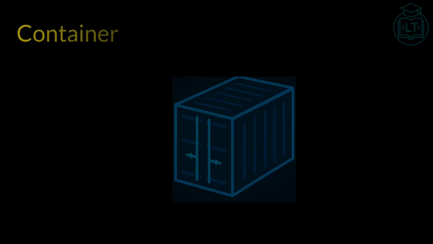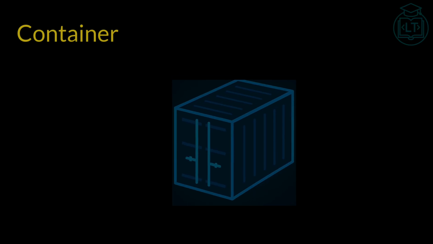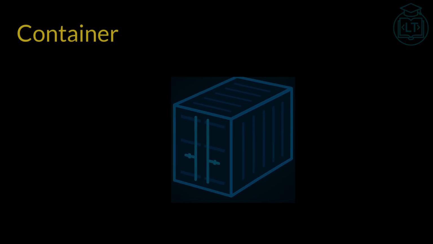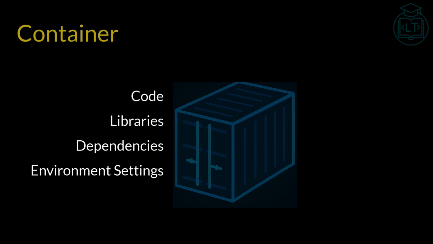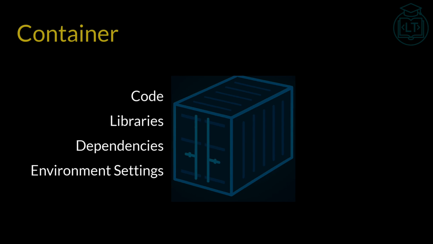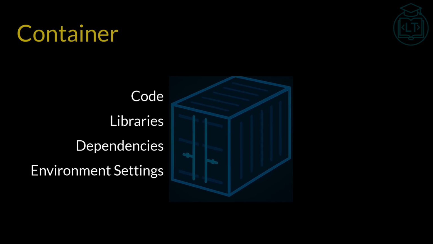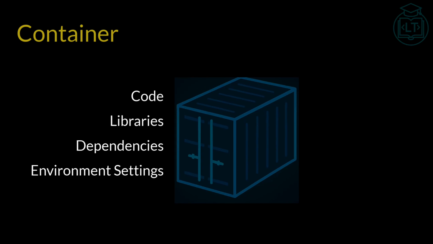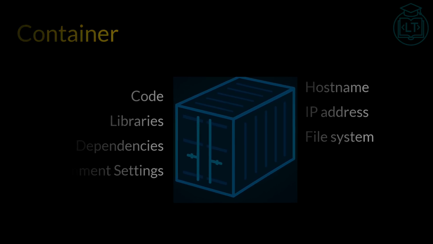A Docker container is like a box that holds your application and everything it needs to run. The code, libraries, dependencies, and environment settings. Inside that box, the app thinks it's running on its own computer. It has its own hostname, IP address, and file system.